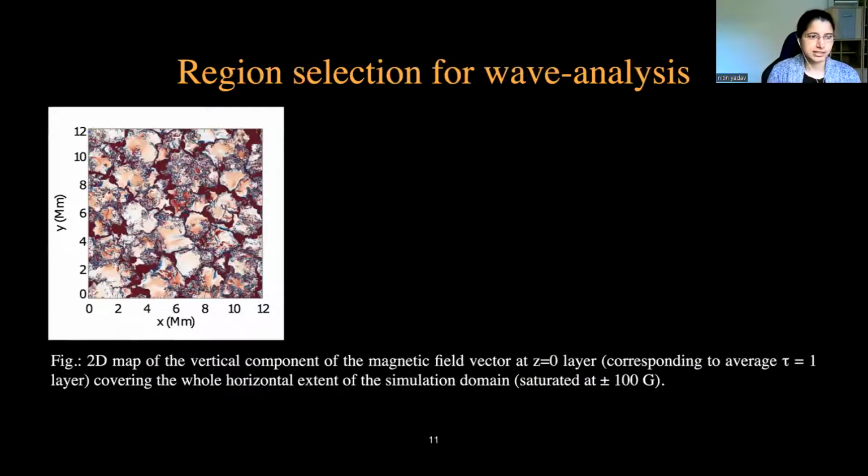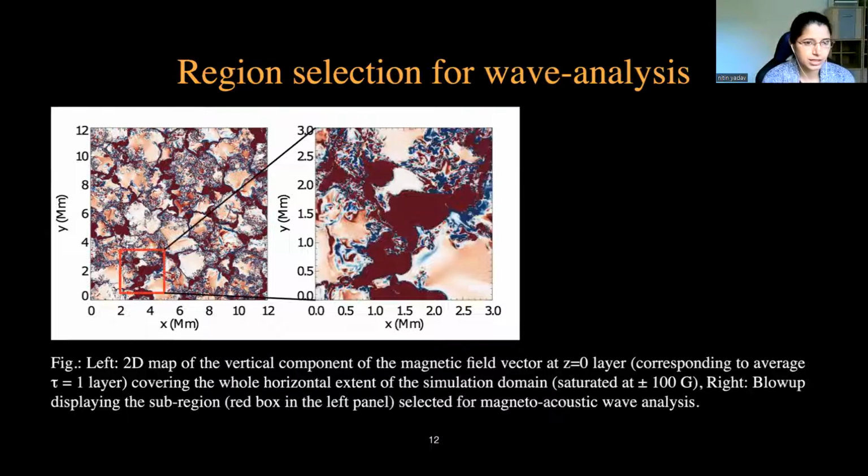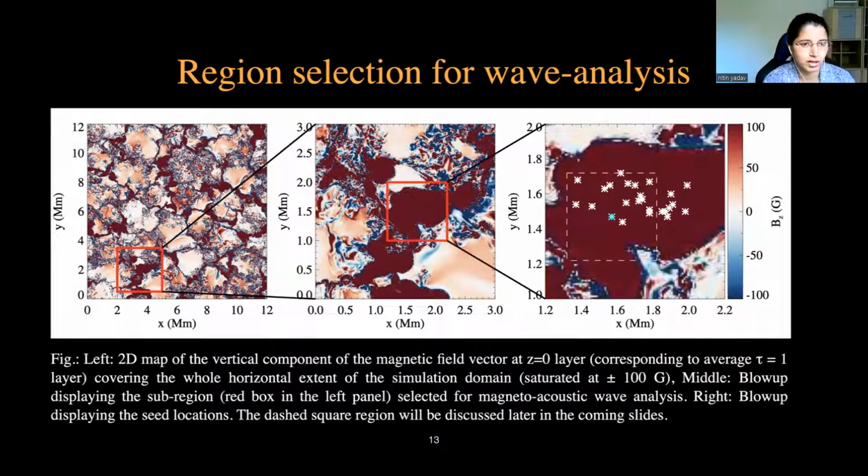So now I will discuss the magnetic field line tracking method that I used. This is a map of the vertical component of the magnetic field vector at the mean solar surface at the beginning of the sequence I analyzed. In the middle, I show a subregion which I used for the present study, corresponding to this red box on the left panel, which is now zoomed in the middle panel.